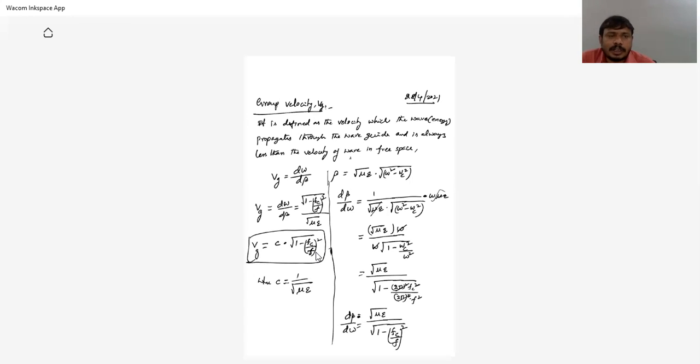If you want to represent it in terms of wavelength, you can simply write Vg is equal to c into root 1 minus lambda by lambda c whole square, or you can write lambda naught.